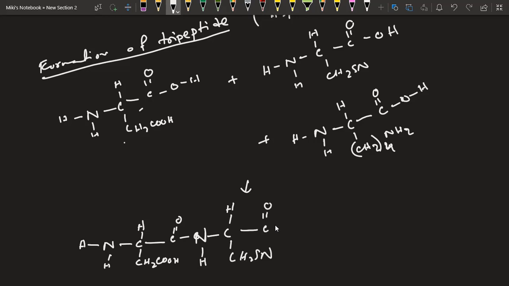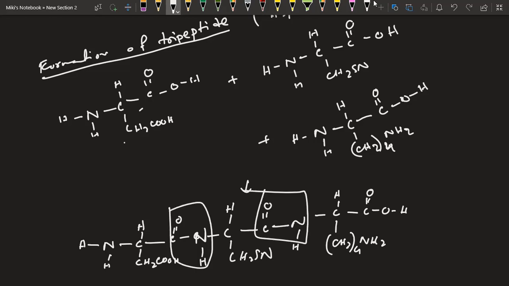We have this C double bond O, then we have the other part, NH, and CH2 CH2 and NH2, and we have this C double bond OH. Okay. Now we have this amide linkage, peptide linkage. I keep on saying amide, I'm sorry for that, but this is a peptide linkage.